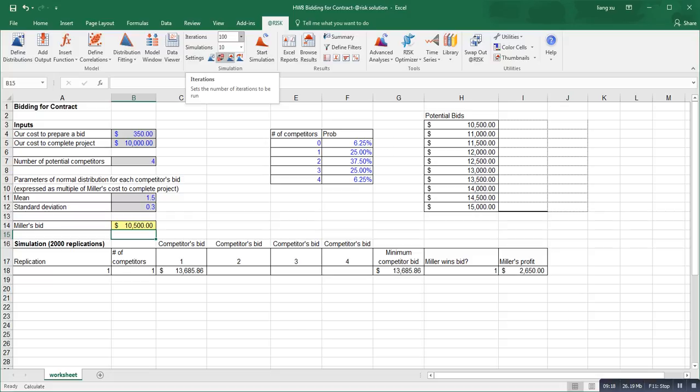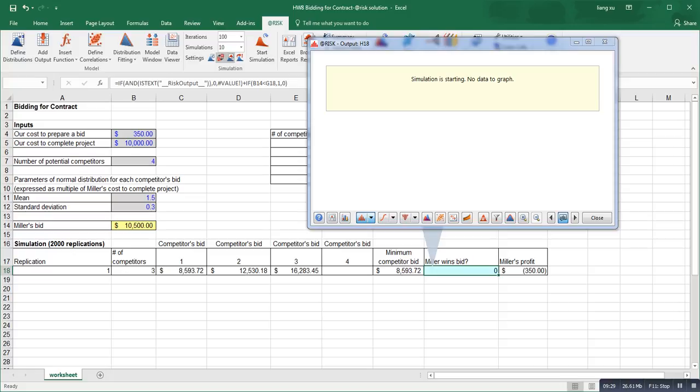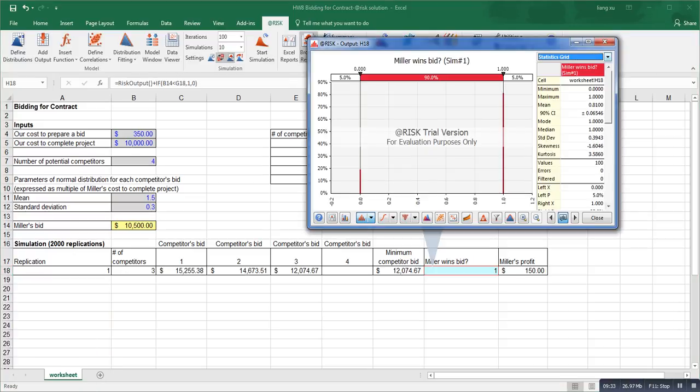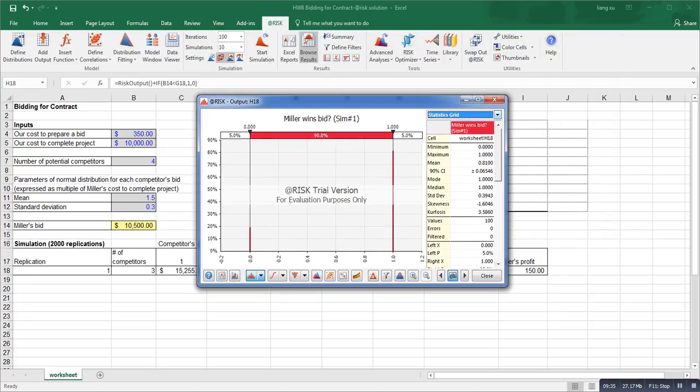For illustrative purposes, we're going to set the number of iterations to 100 to shorten our time, and then we can start the simulation. It's actually really quick. So you can see this is the result.